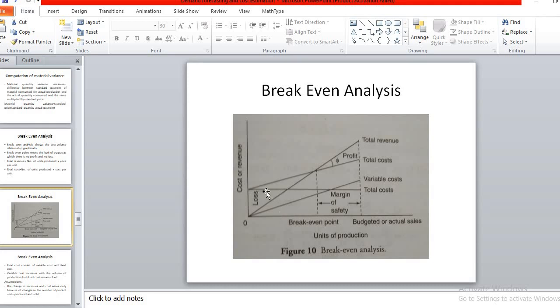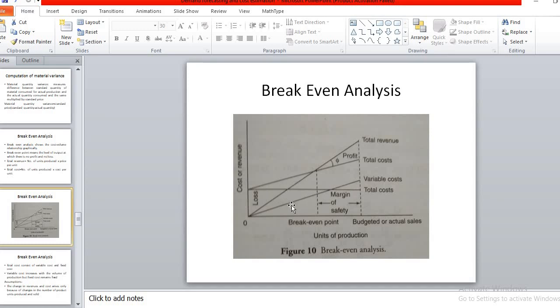This horizontal straight line represents the fixed cost. By a printing mistake in the book, it is written as total cost, but this constant horizontal line is the fixed cost. Variable cost is represented by this line with linear variation.